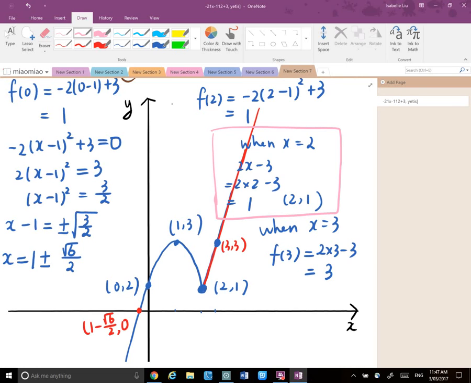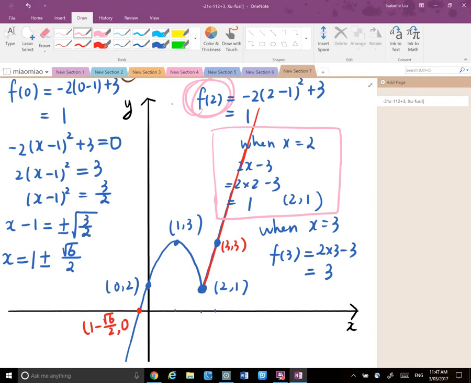Because it's not f(2). f(2) is here; f(2) follows the previous function, not the second one. So when x equals 2, if you write f(2), you should substitute into the first one, not the second one. For the second one, I just want to find the open circle. That open circle is not on the function f.